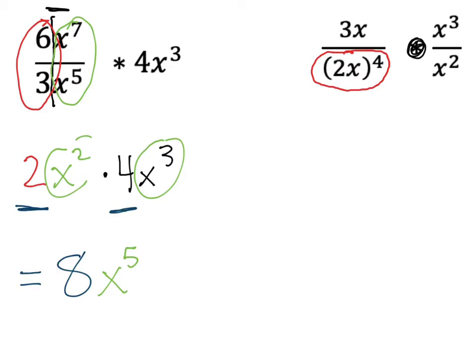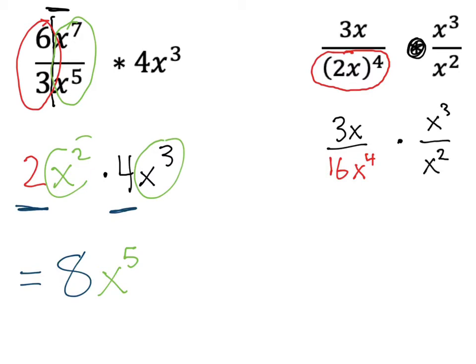I'm going to just keep the top of this fraction the same for now and deal with the bottom. 2 to the power of 4 is 2 times itself 4 times, which is 16. And x to the power of 4 is x to the power of 4. And let's just bring down this other fraction.